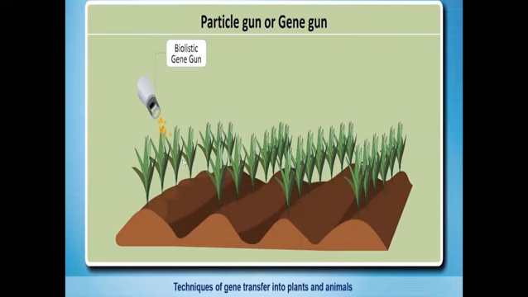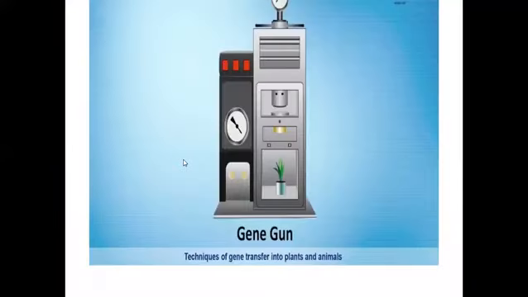Finally, by these two methods, plant cells receive target DNA by the physical method, the gene gun. These are the gene gun machines. They are widely used in gene transfer techniques by the physical method. Here is the gene gun cylinder.